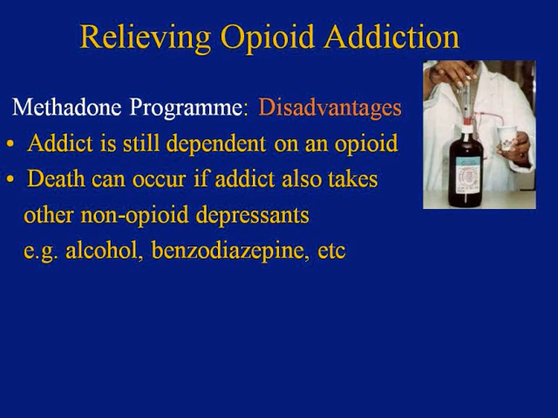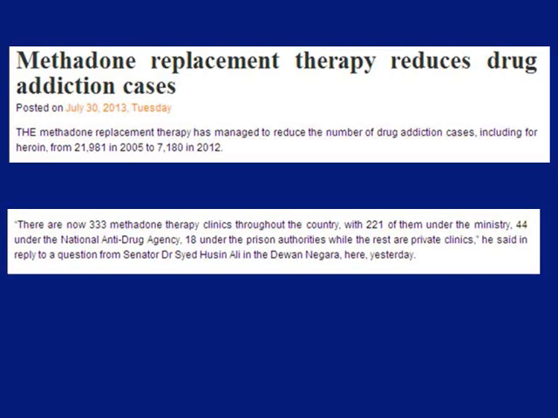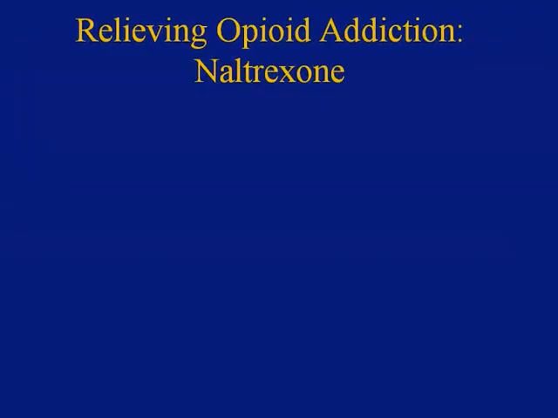So the patient may get unconscious and get into problems of having excessive depressant drugs. And the methadone program or the methadone therapy has been successful in reducing the number of heroin addicts.